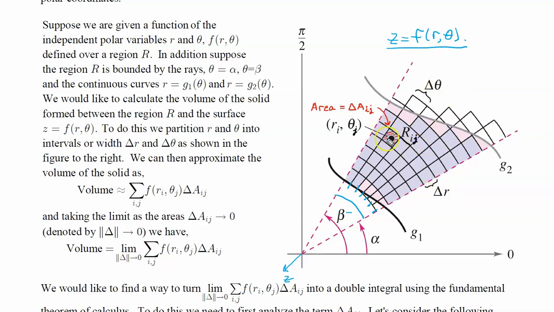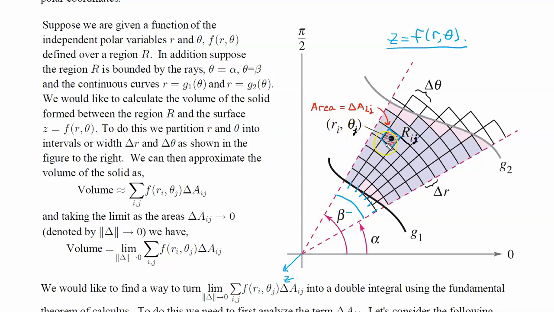Now, let's consider this region right here that we have shaded. Notice that point right there is r sub i, theta sub j.